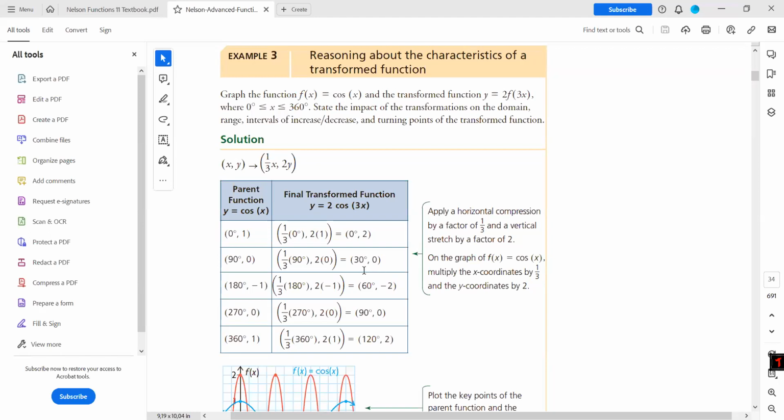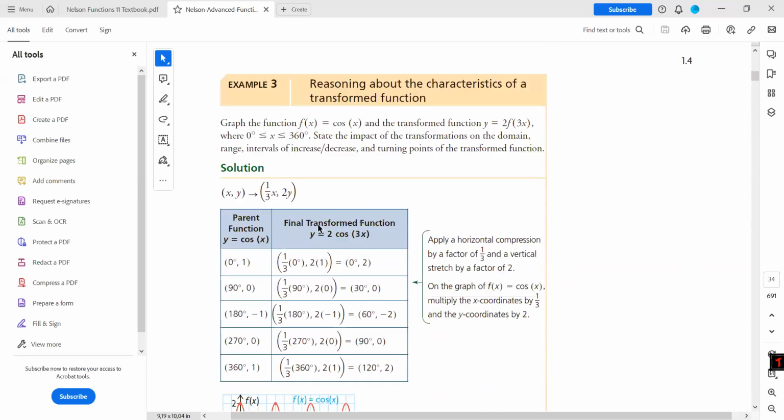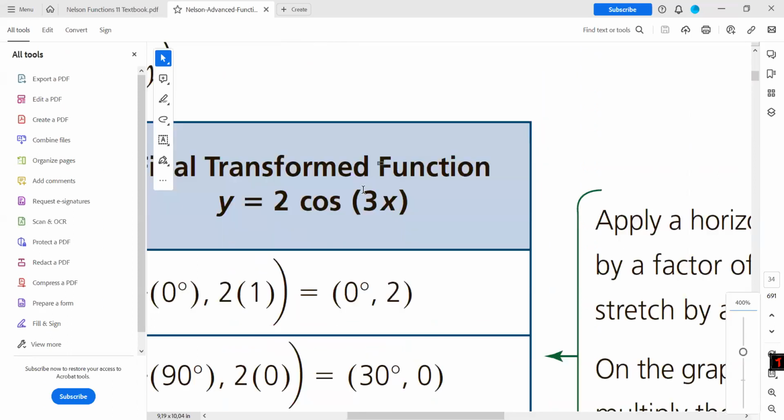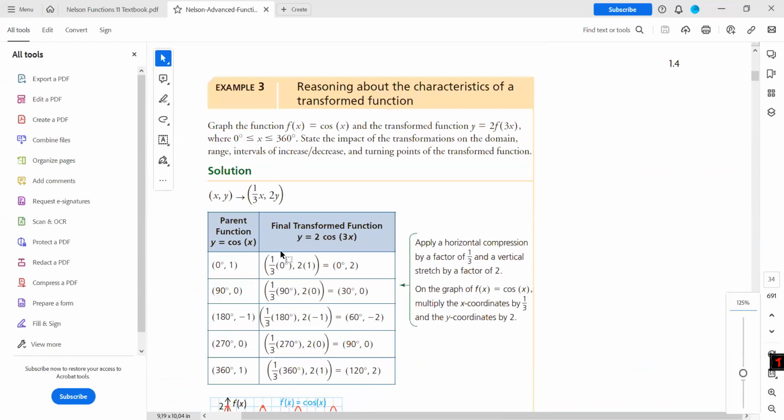You see, when you're working with trigonometric functions, the approach is pretty much the same. But for example, here, you have to see that the factor that is giving us a horizontal compression should be applied as an inverse multiple.